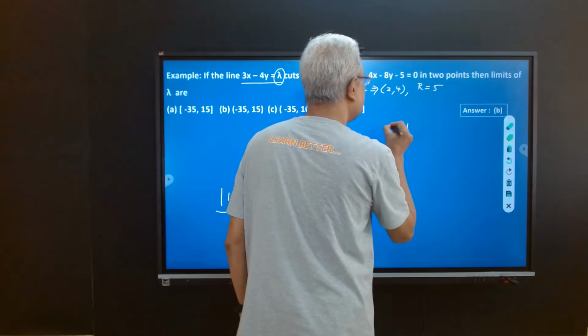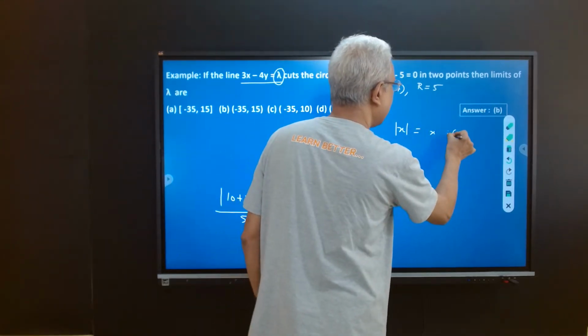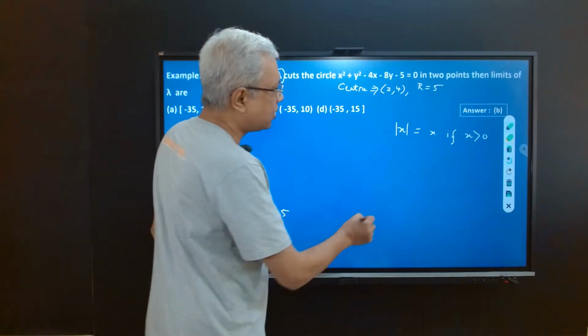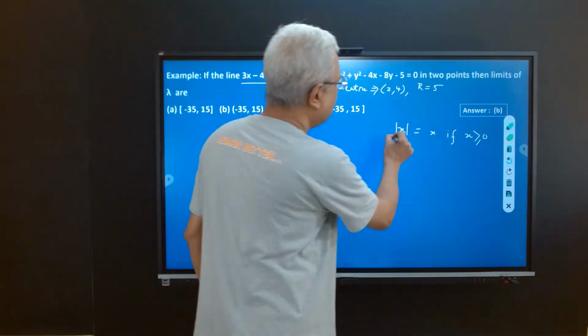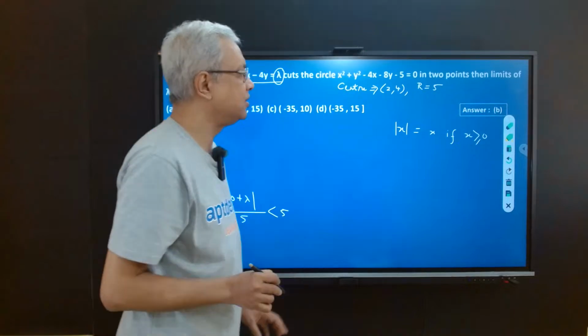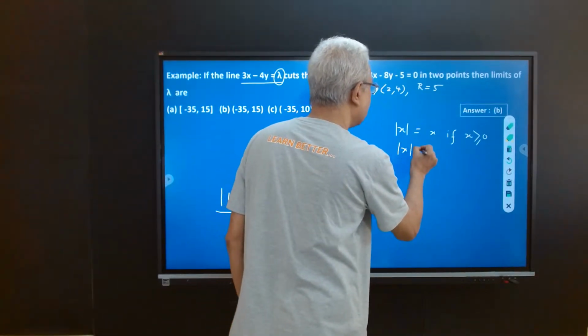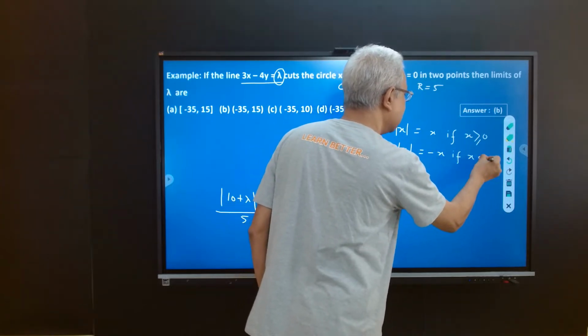Mod x is x if x is greater than or equal to 0, so mod x is a positive quantity, and mod x is minus x if x is negative.